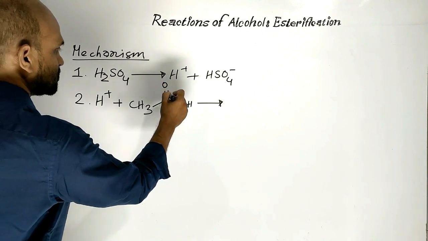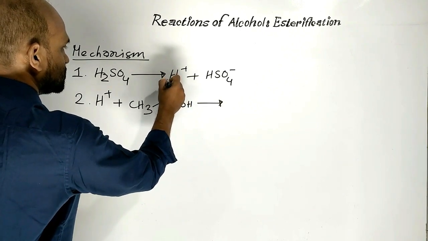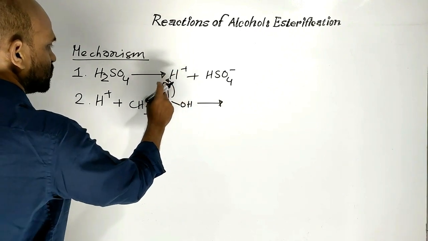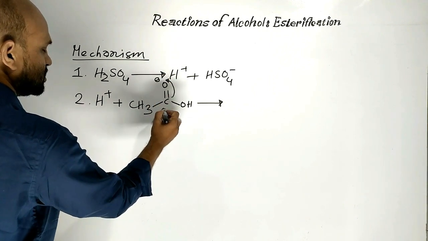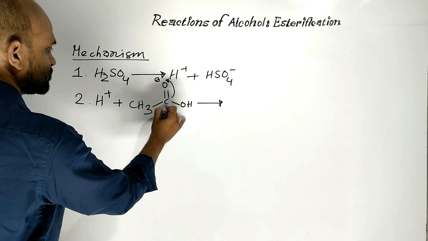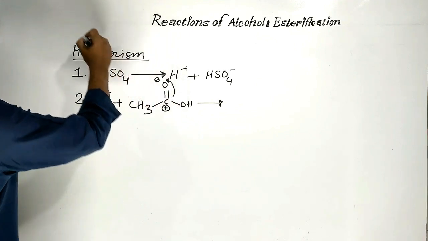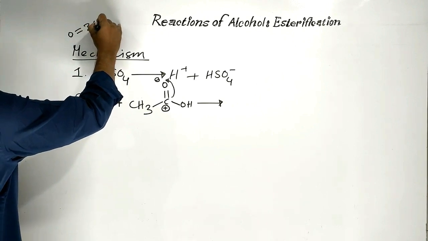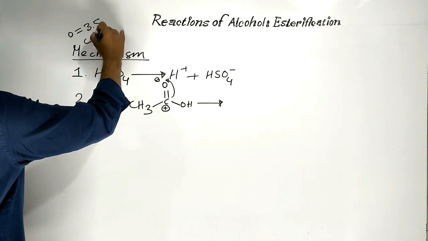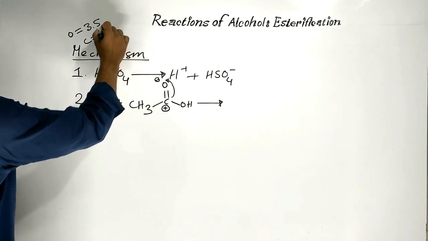Carbonyl group converts to polarized group. Oxygen becomes negative in charge, carbon becomes positive in charge, because electronegativity of oxygen is 3.5, carbon 2.5.